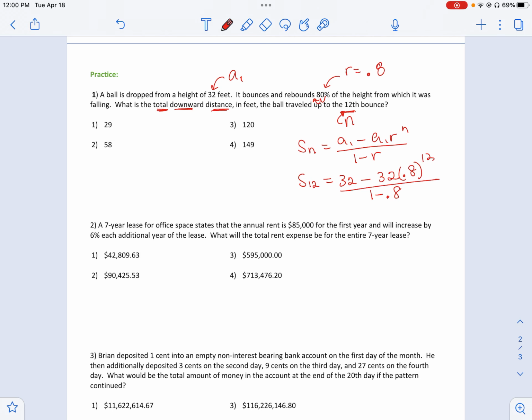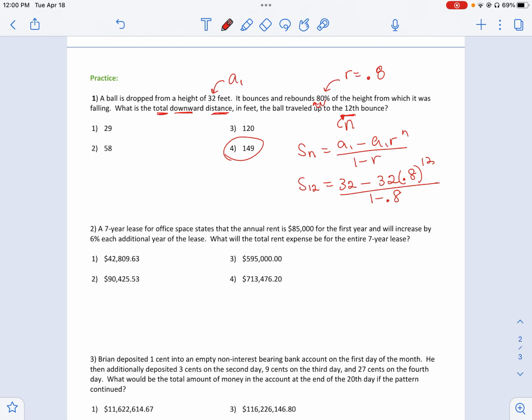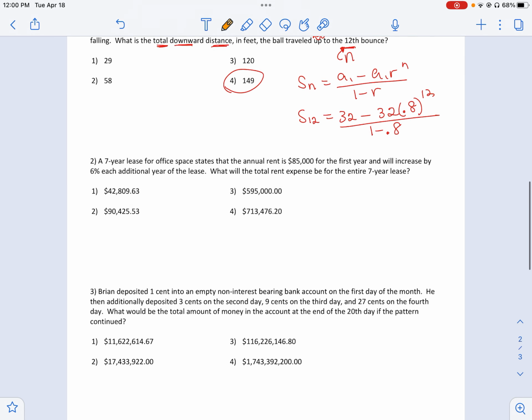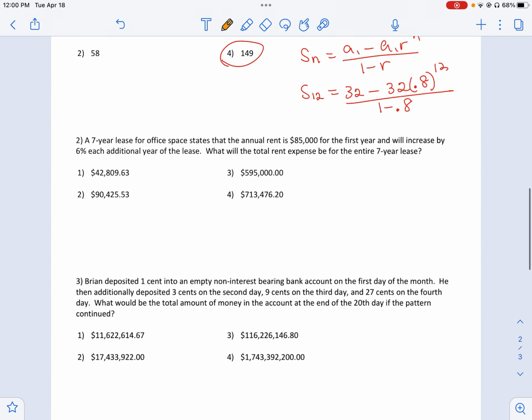If you put that into the calculator and round, you will get 149. I'm assuming I rounded. I'm copying work that I had already done. So put that in the calculator, be sure that you get that. All right, I would try number 2 before just copying my work, but then again, that's me.